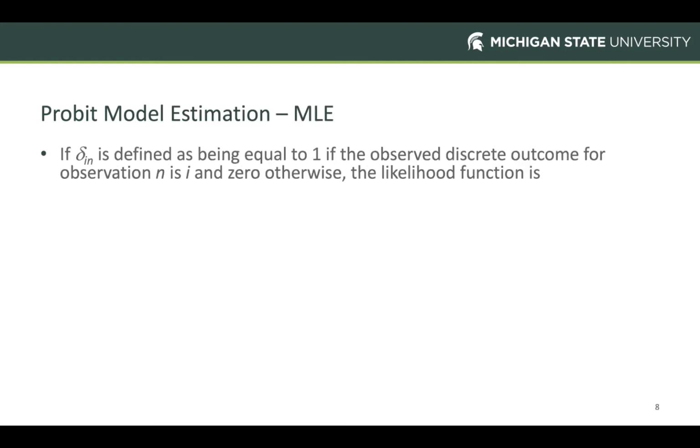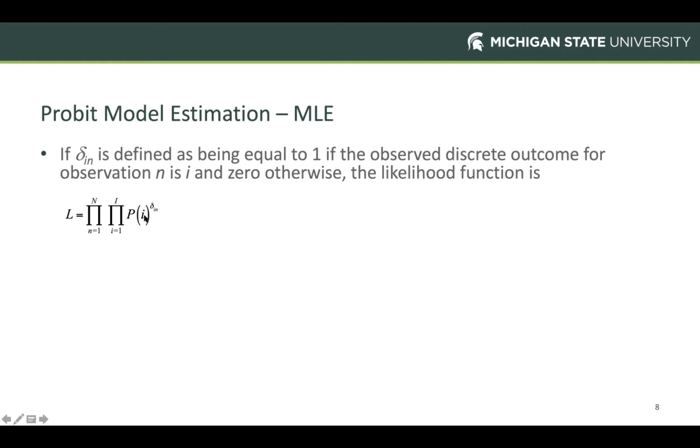And so we're going to estimate the probit model using maximum likelihood estimation generally. We're going to define a variable delta, which is equal to 1 if the individual selects that outcome and 0 otherwise. We won't go through a long, detailed derivation here, but just to give you a sense, we've got a likelihood function.